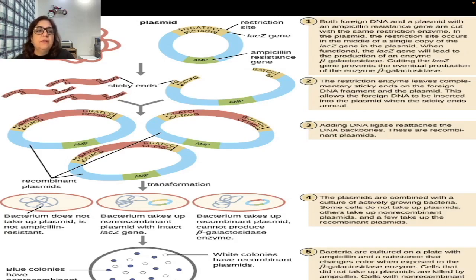You can see that this is the plasmid. You can insert the foreign gene, then you can ligate the plasmid with the foreign gene, then you can transform the bacteria, and then you can select by seeing the blue white colonies. White colonies mean the plasmid has the foreign gene, while the blue colonies are non-recombinant plasmids.